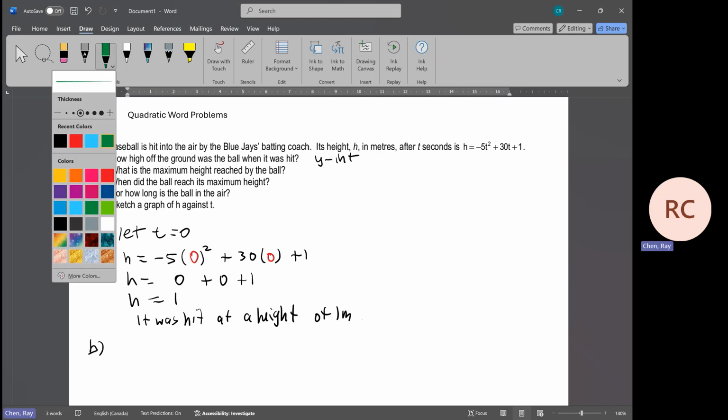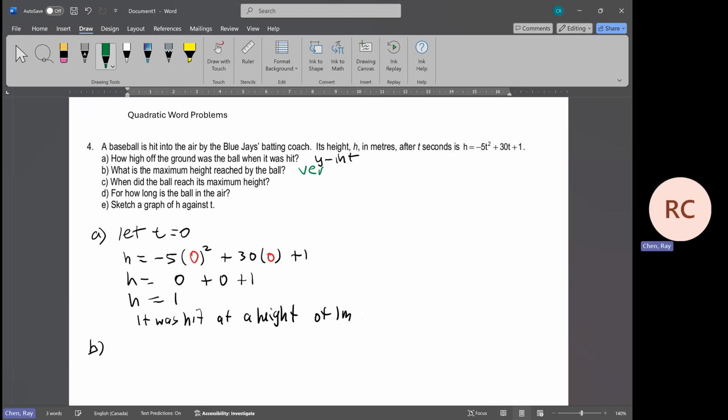So this question is actually asking for the vertex. So there's a couple ways of finding vertex questions. Just to recap really quickly. To find vertex, you have three options. You can factor first, find the roots, then use the axis of symmetry formula, then plug in.